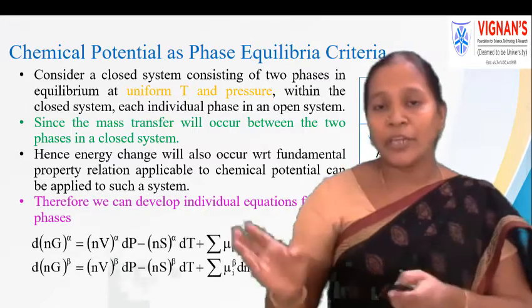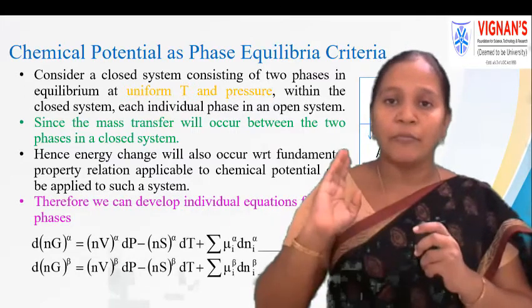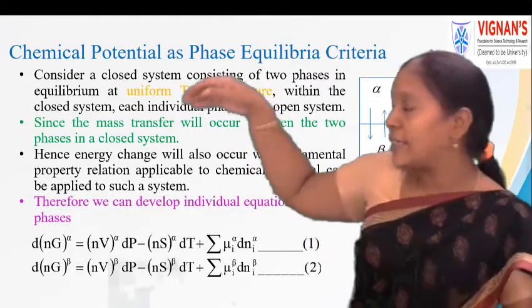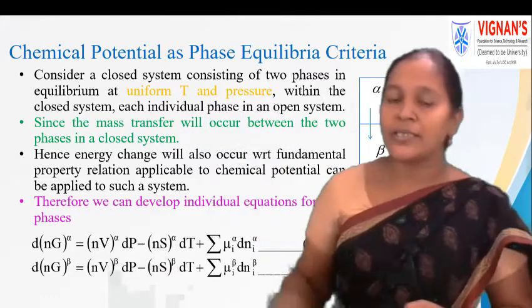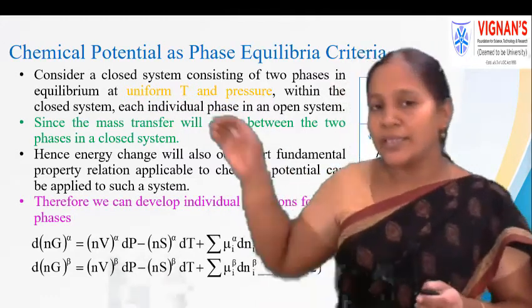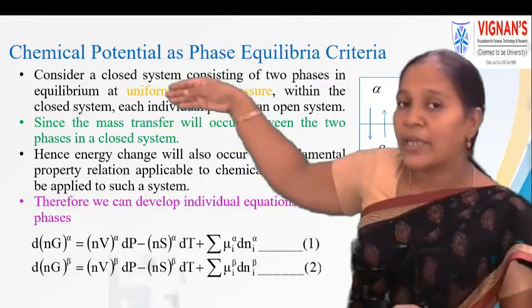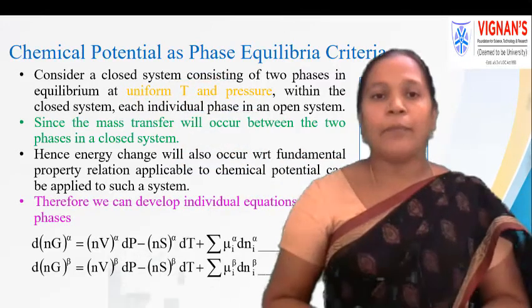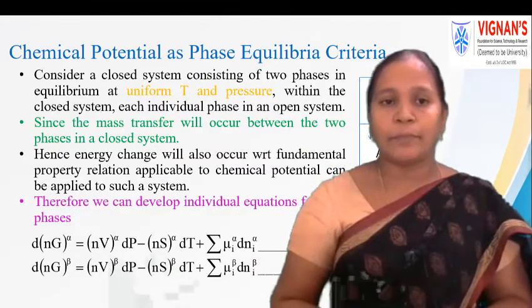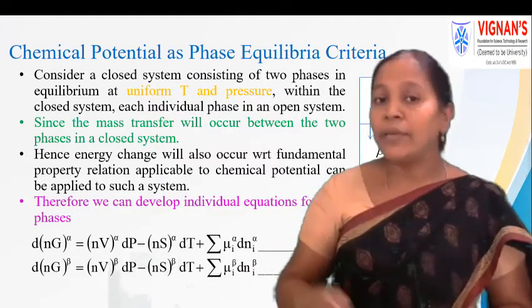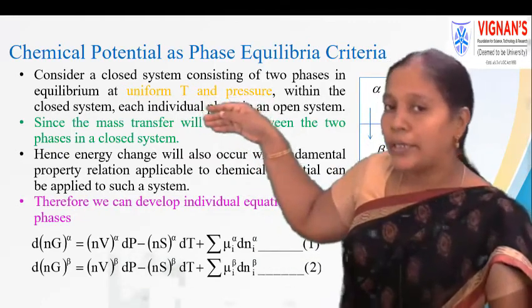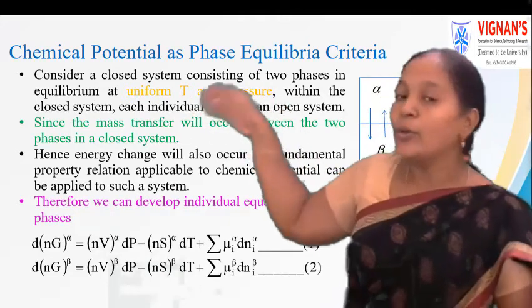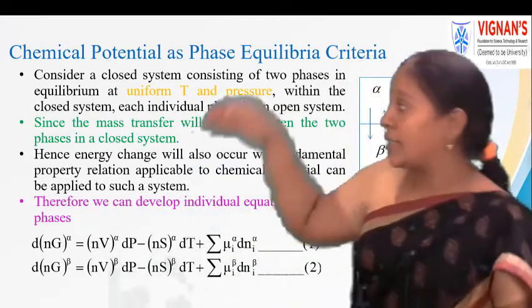Similarly, we apply the fundamental property relation for phase beta. d of nG power beta equals nV power beta dP minus nS beta dT plus sigma mu i beta into dni beta, which is indicated as equation 2.